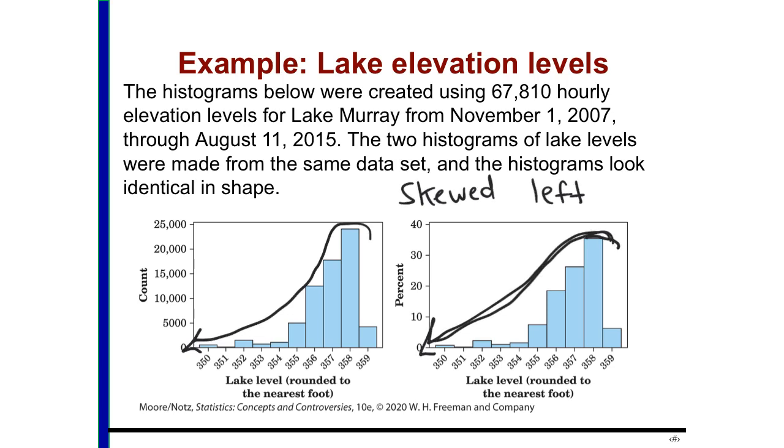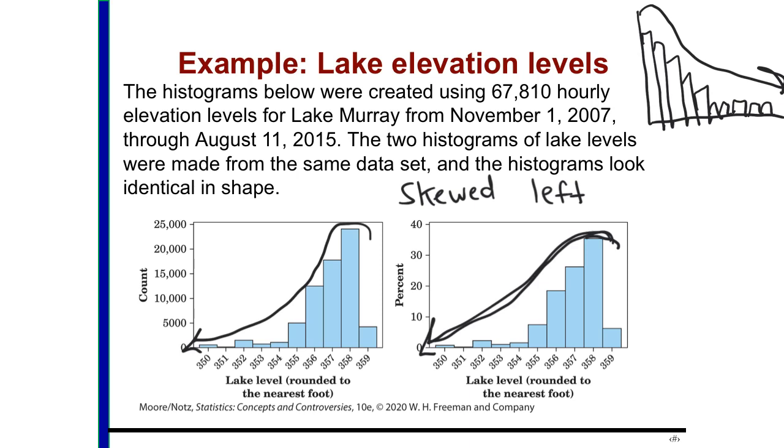So it's skewed left. If it was skewed right, I'll draw a little picture up here in the corner. Skewed right would look like this, where you'd have most of your data up here on the left-hand side, and then your tail will kind of go this way. So this would be an example of skewed right.